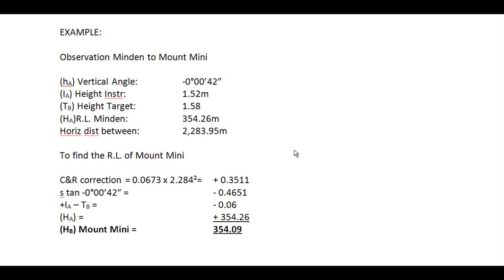So we add all those together, 354.26, negative 0.06, negative 0.4651, plus 0.3511, adding them all algebraically and rounding to the nearest centimetre, we get the height of Mount Minnie at 354.09.